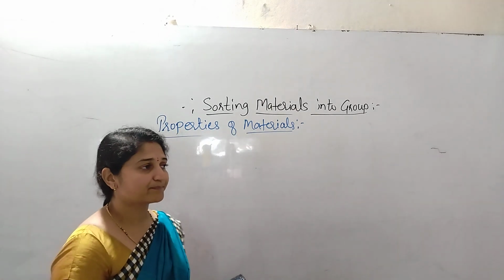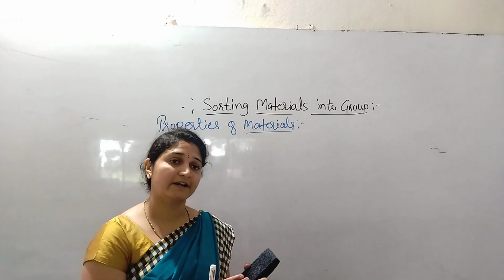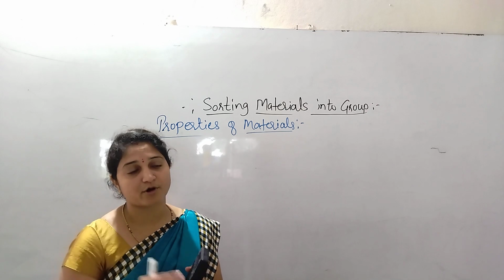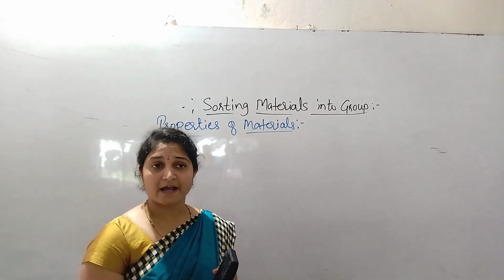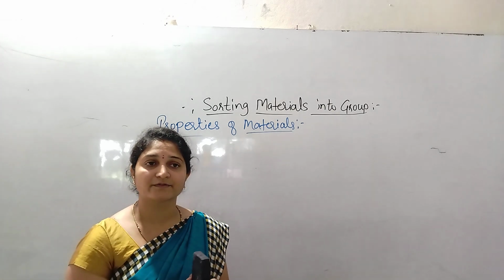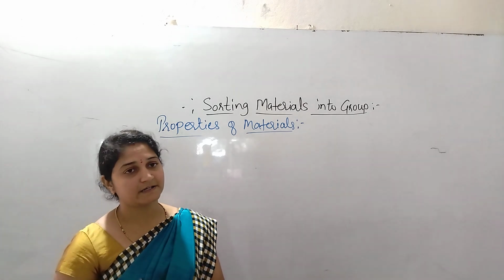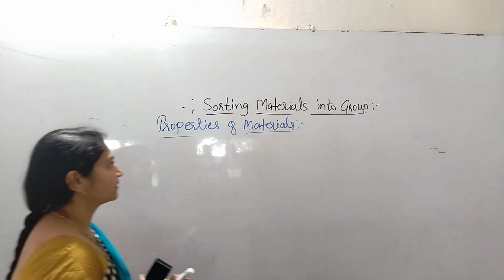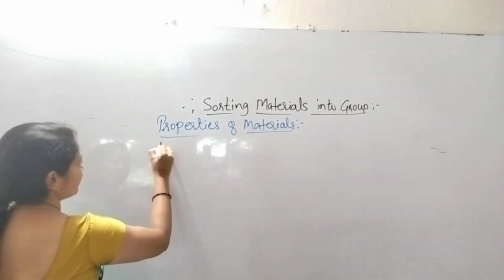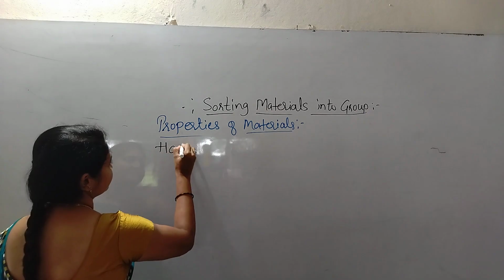So here, that is hardness and softness. Why are they hard? Why are they soft? Because of their properties. Later in higher classes you will come to know that the arrangement of the atoms makes the object hard or soft. So hardness and softness is another property of these materials.